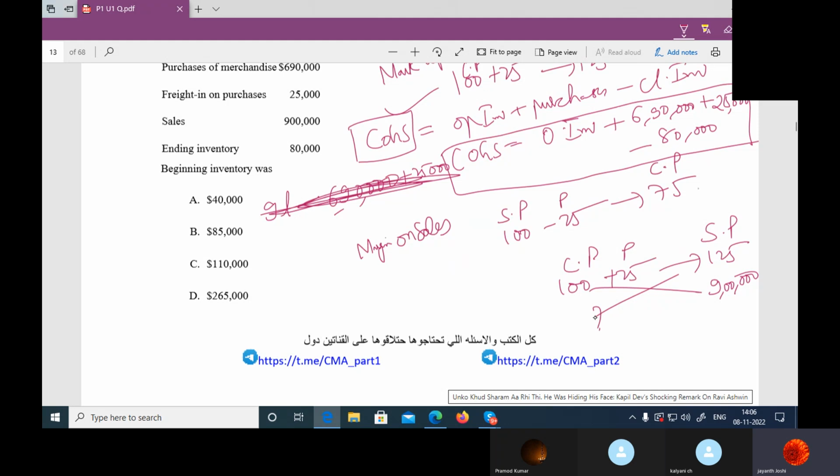How much is it, if you can tell? 9 lakhs into 100 by 125. How much is that? 7,20,000, sir. 7 lakh 20,000 is your COGS. So we'll take 7 lakh 20,000 and put that in this equation and tell me what's the answer.